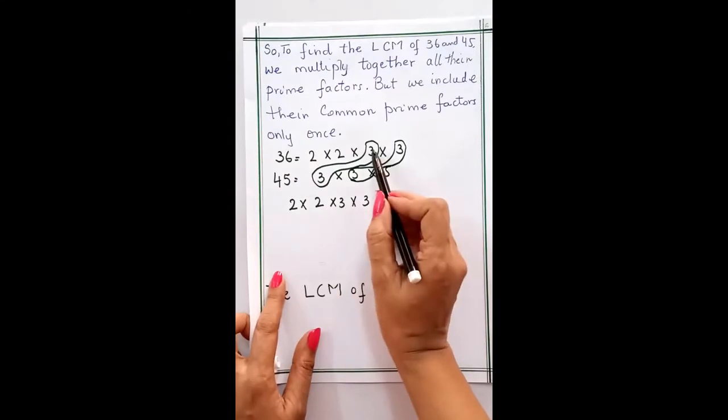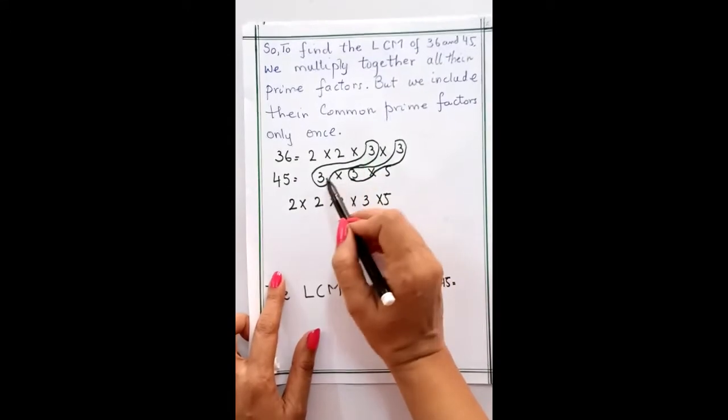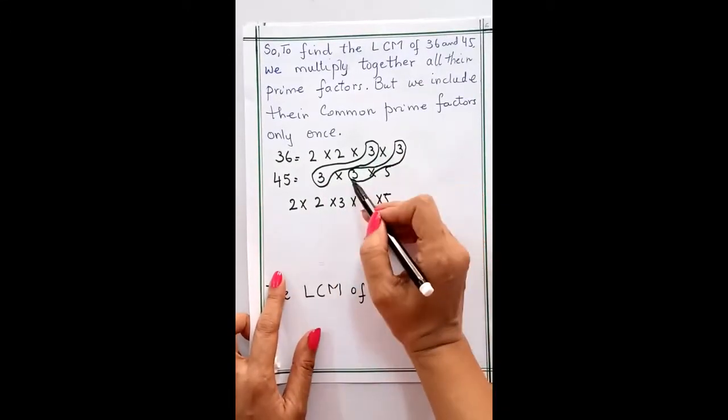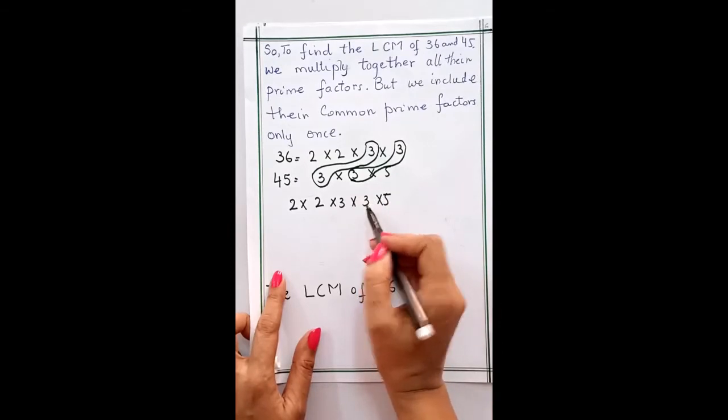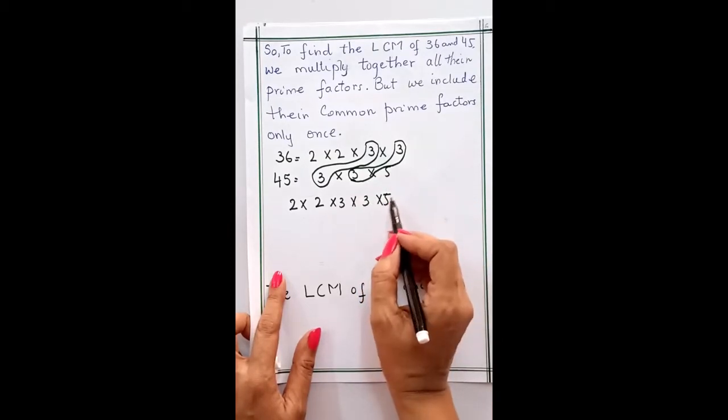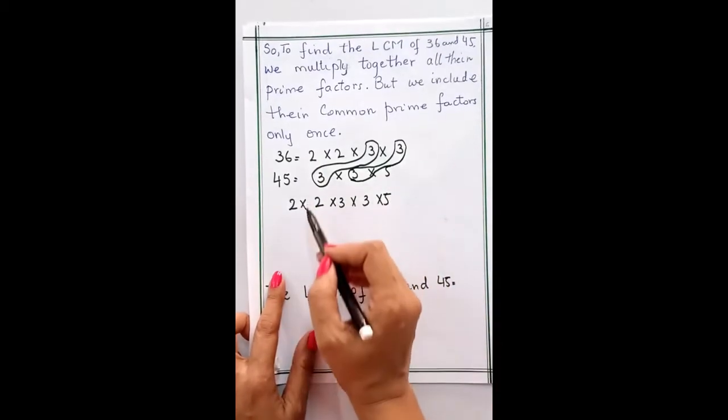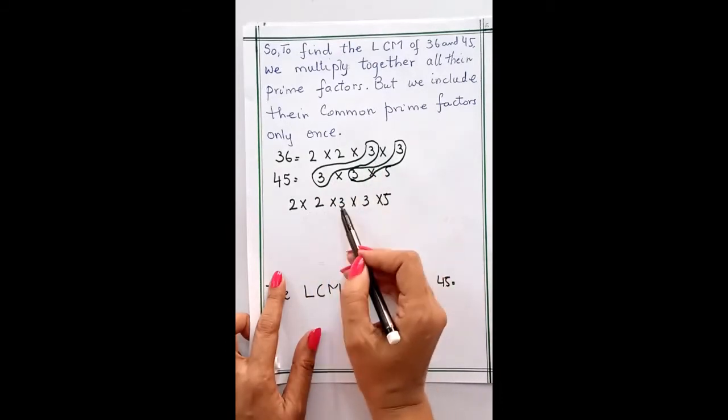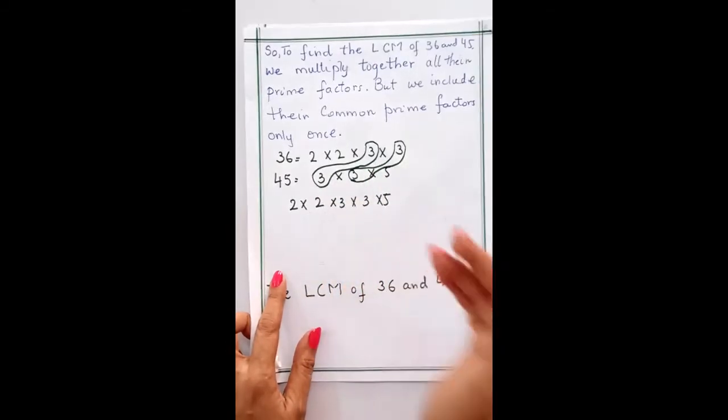We will write these both 3s only once, then again this 3 only once. Then 5 is left, we will write 5 here. So 2 multiply by 2 multiply by 3 multiply by 3 multiply by 5.